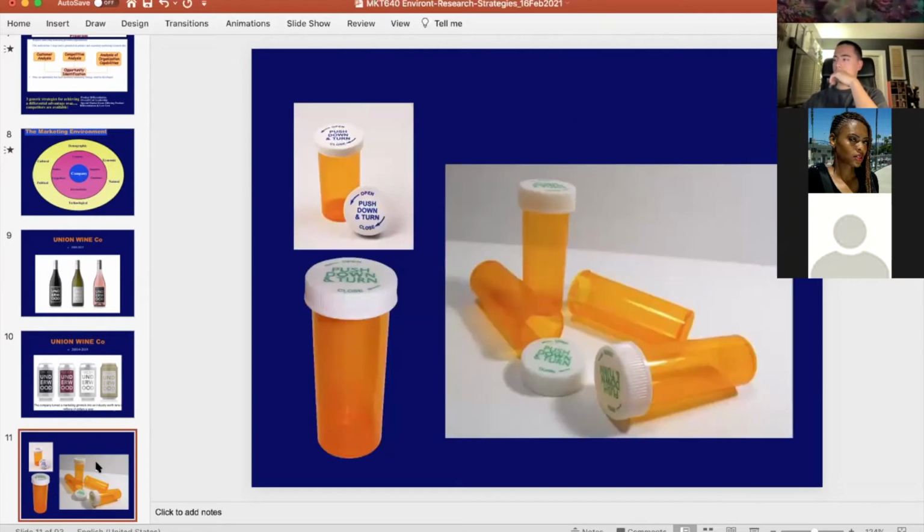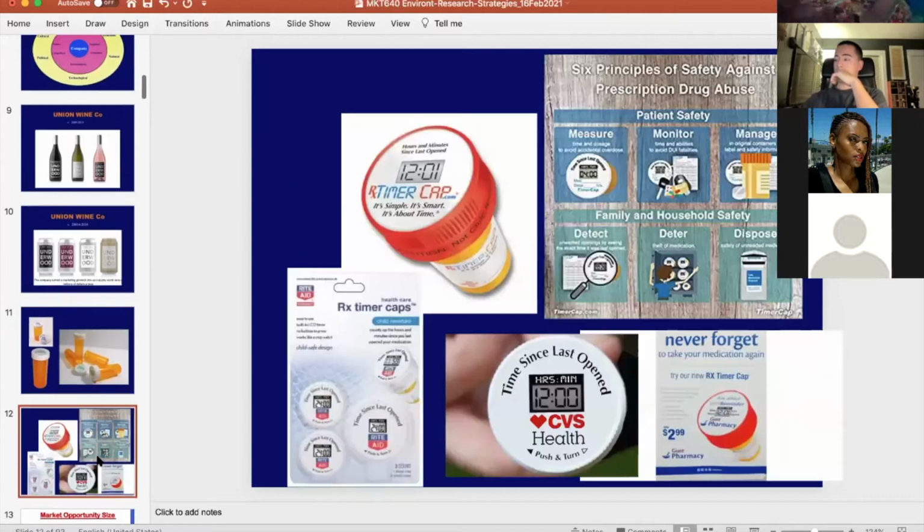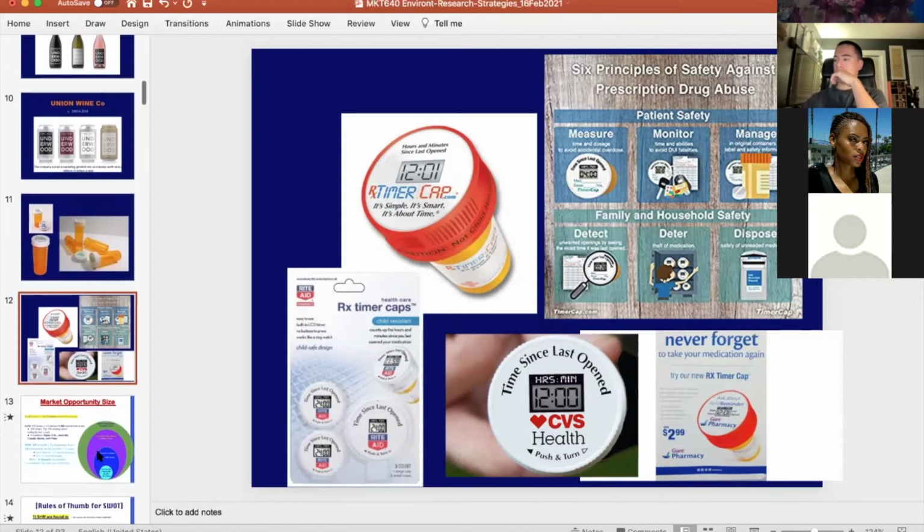I gave you the example of the student who found that people forget, people have a bad memory, and therefore they don't know if they took their medicine, and then he created a cap that would record the last time the container was opened. Therefore he gave a very good solution for people who tend to be older and memorize even less, who take the most pills.